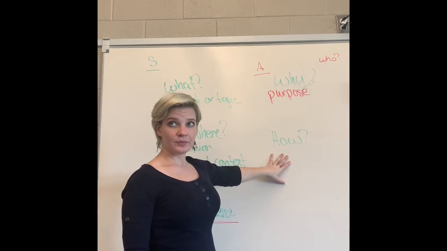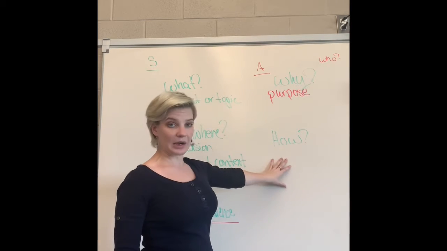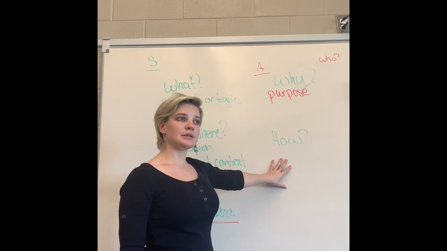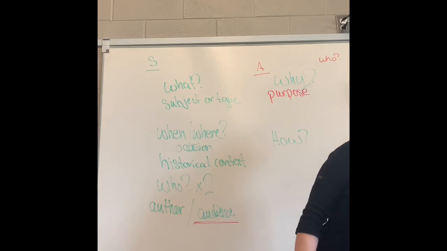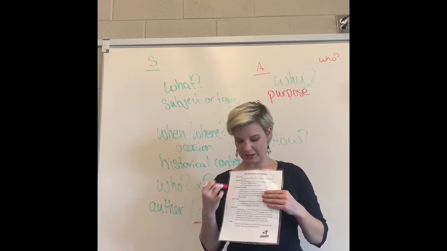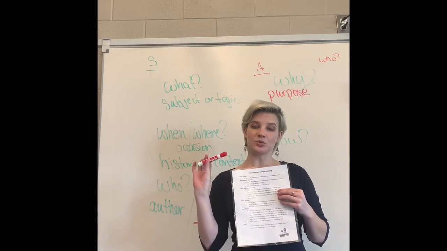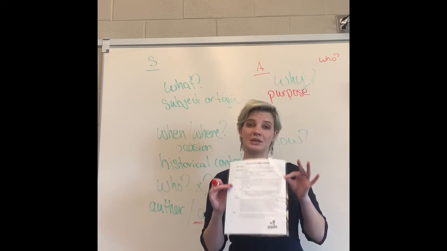Then we have how. Now, how is going to be the most complicated on the board right now, simply because it's a lot. If you look on your annotation guide that I sent home with you, which is dry erase marker friendly, you can actually write on this and erase it, guys, with dry erase markers. That's why I laminated it for you and sent it home so you could use it at home.